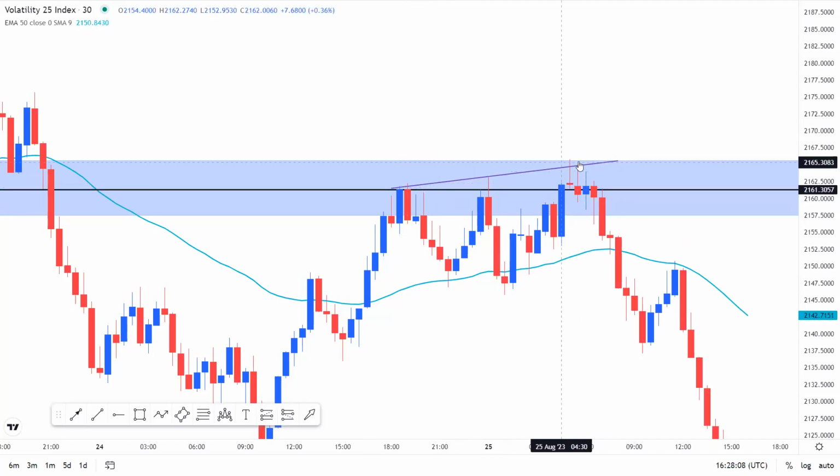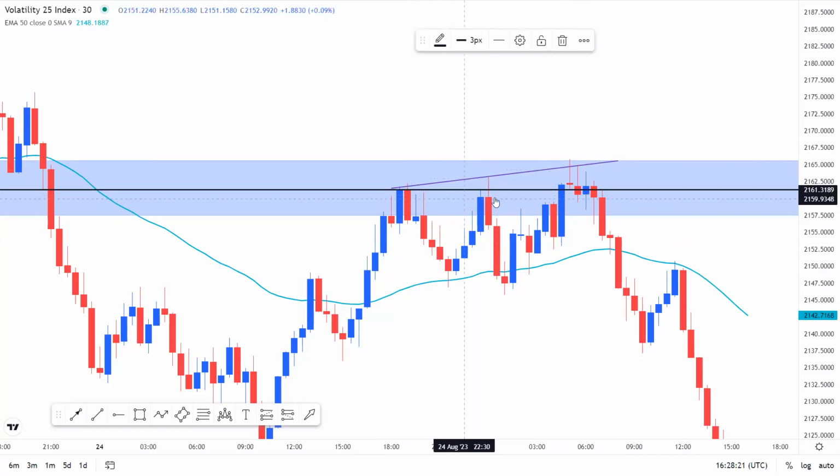So I wanted to see price come right back and close beneath this very level, as you can see, which has pretty much been holding price for the previous two occasions we came into the level.